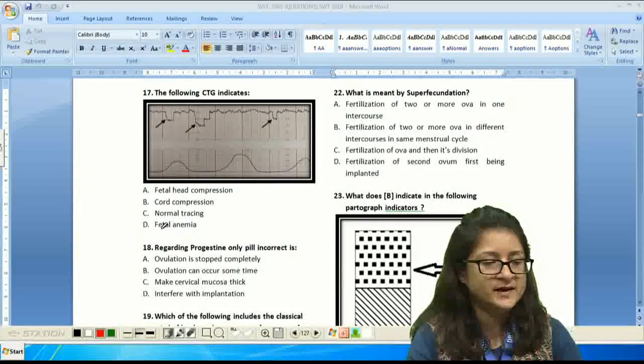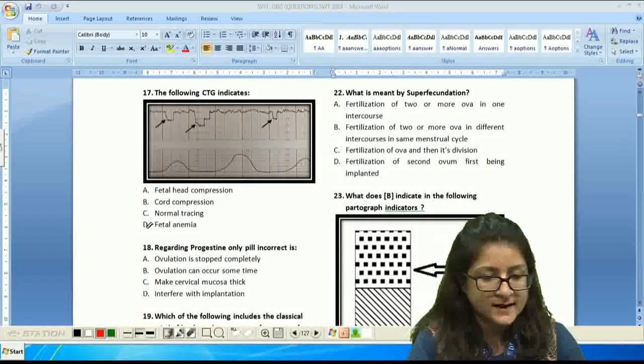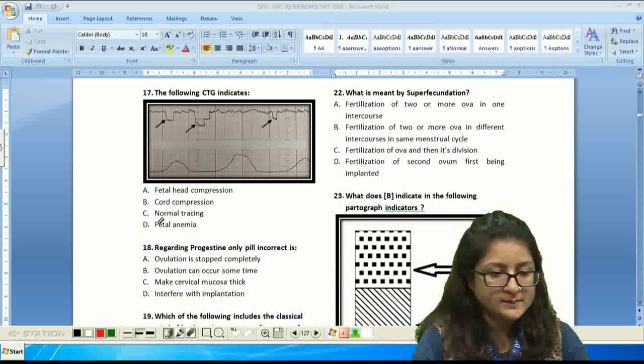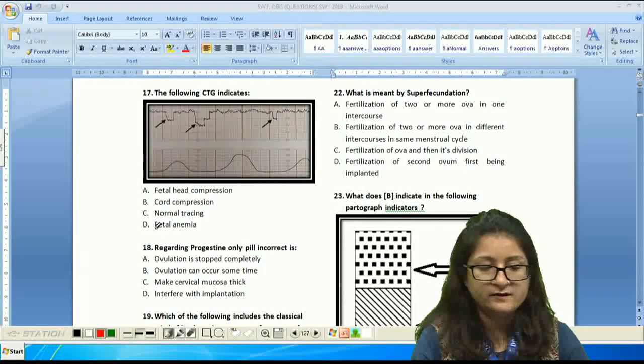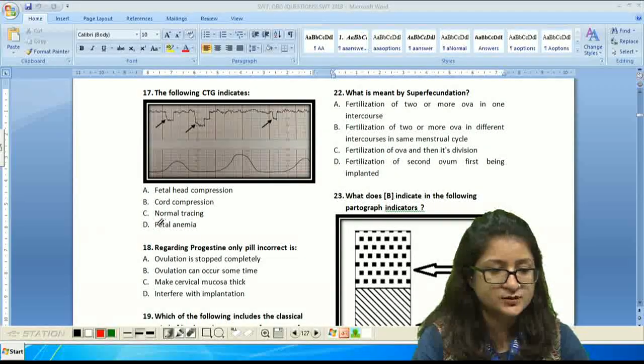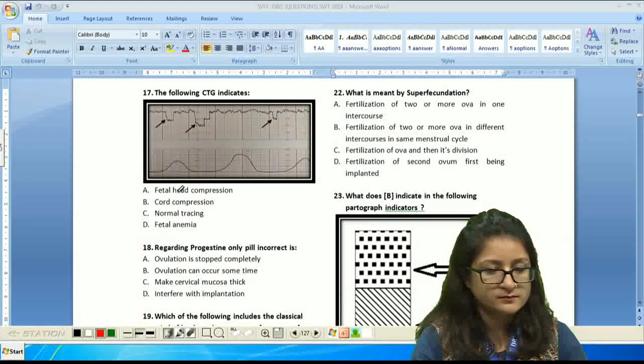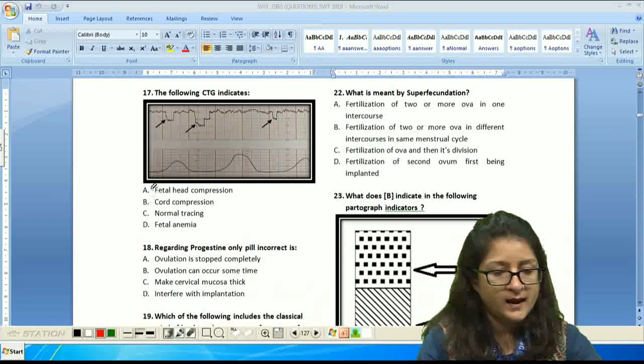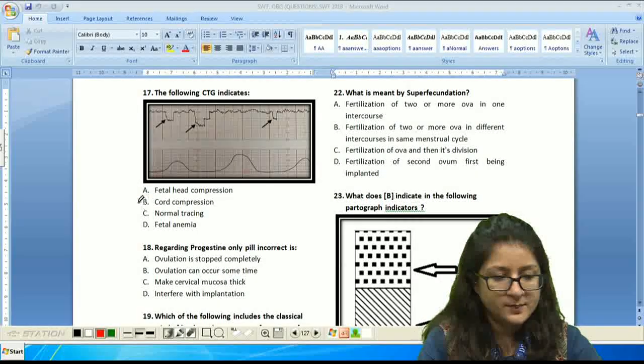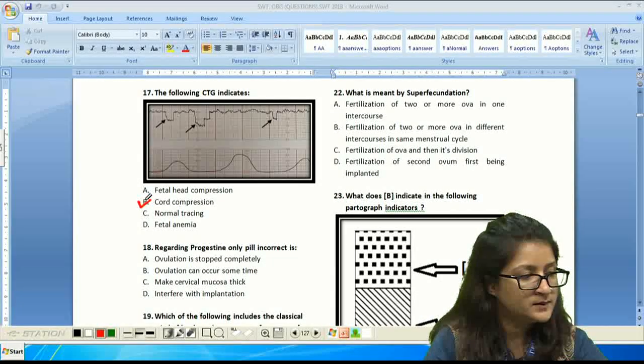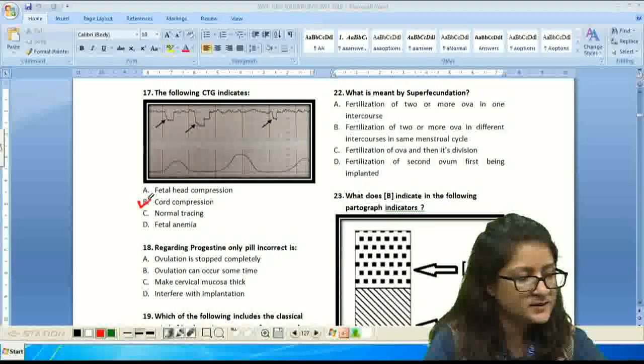The following CTG indicates A, fetal head compression, B, cord compression, C, normal tracing, or D, fetal anemia. The correct answer to this is B, cord compression.